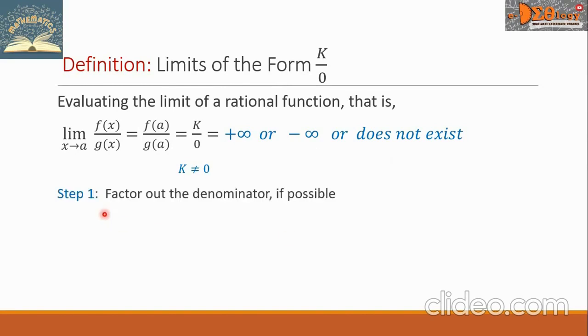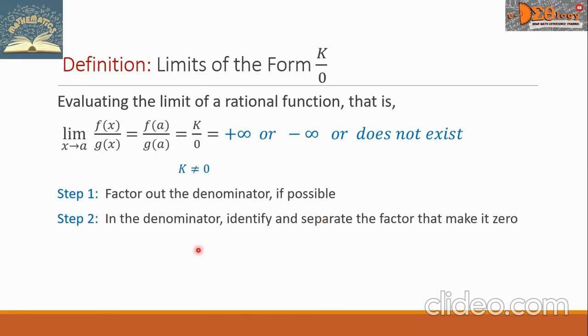Step 1 is we factor out the denominator if possible. Step 2, in the denominator, identify and separate the factor that makes it 0. Step 3, evaluate the limit of each factor.